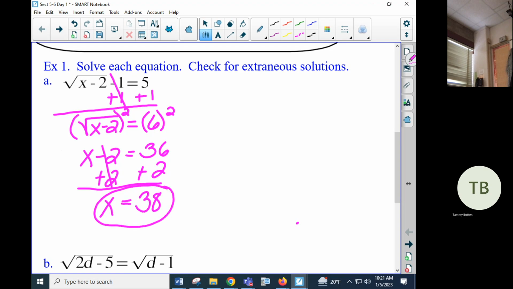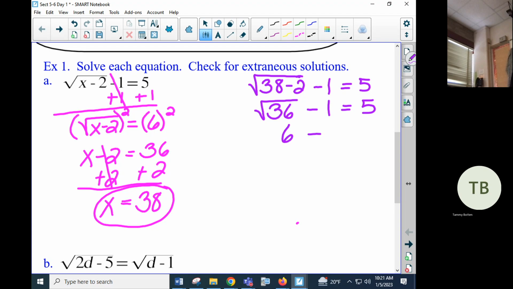And then, like I said, what's a good idea is to go ahead and put that back into the original problem. So if you put 38 in here minus 2, and then subtract 1 and see if it's equal to 5. 38 minus 2 is 36. And you have to take the square root of that and then subtract 1 and see if it's equal to 5. Well, the square root of 36 is 6.